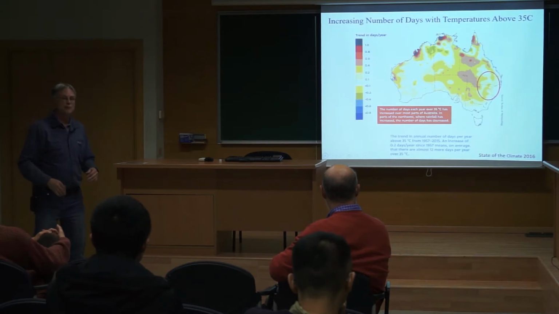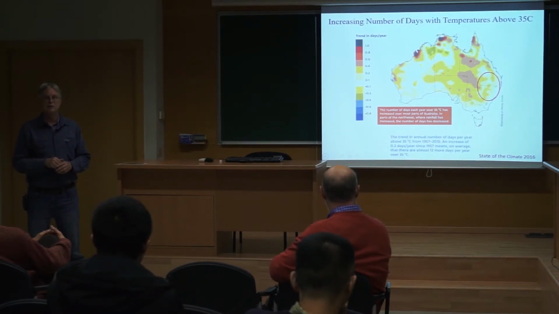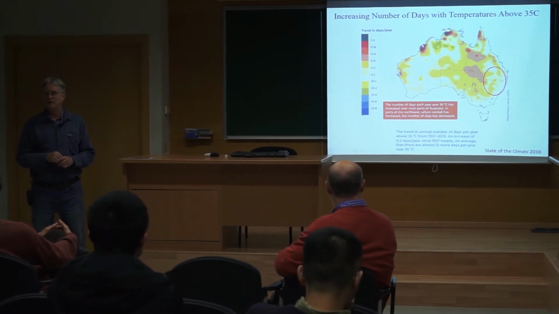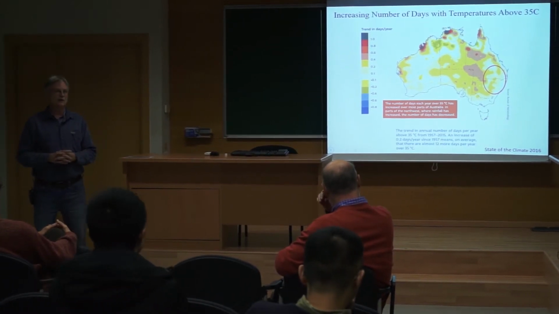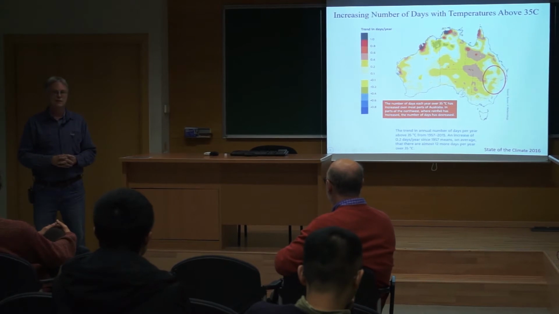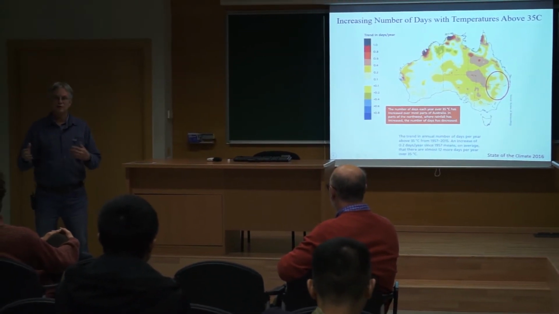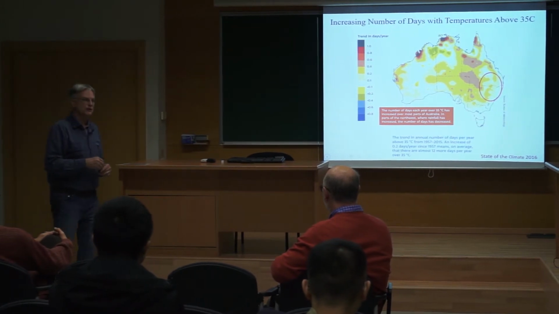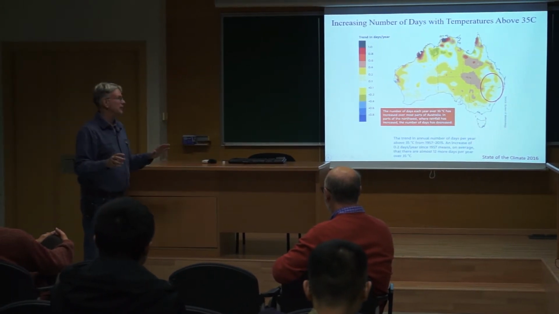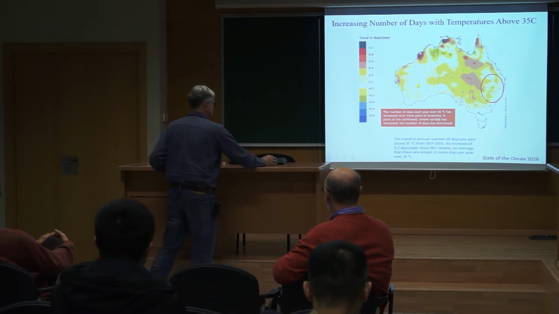And there are an increasing number of days with temperatures above 35 degrees C. That 35 C, I believe, was chosen for human health reasons, but we also apply it to agriculture and native plants. Pollen tubes don't form properly above 35 degrees and so on. So there are a lot of biological characteristics that are affected by temperatures above 35.